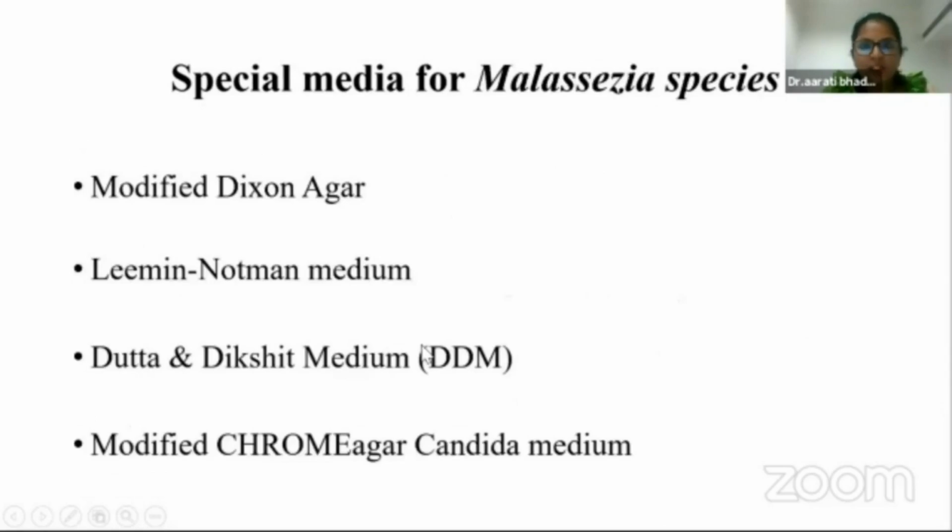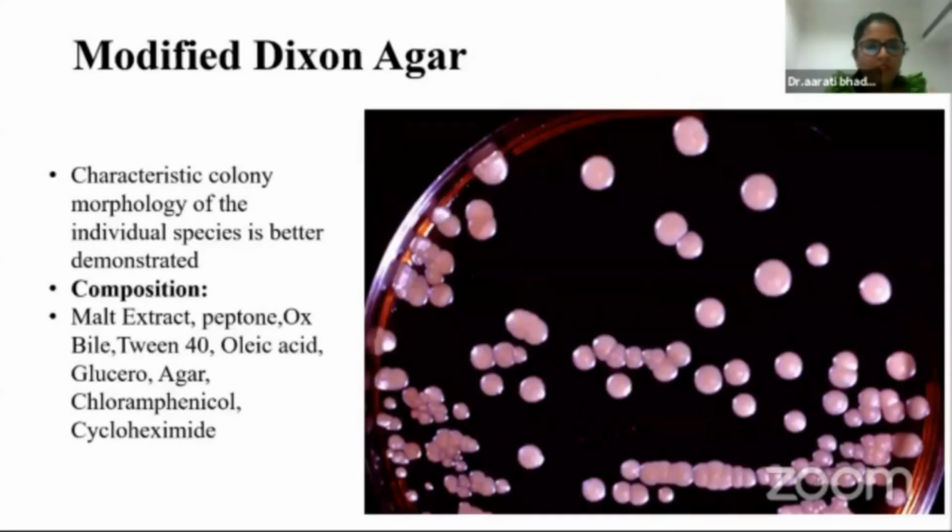Next, special media for Malassezia species. There are four media: modified Dixon medium, Leeming-Notman medium, Datta and Dixit medium, and modified chromogenic Candida medium. In modified Dixon agar, the characteristic morphology of the individual species is better demonstrated.